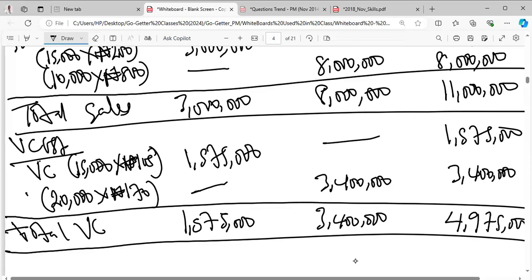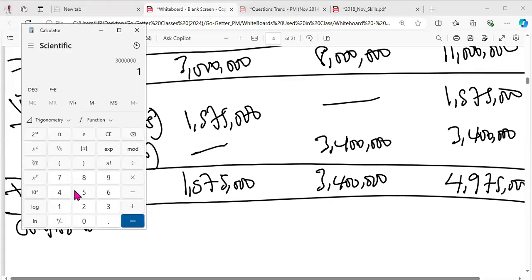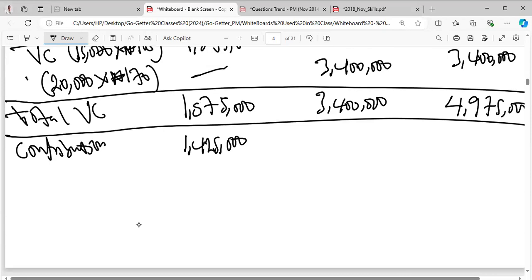Then that should be 4,975. Right? So let's get our contribution. Contribution will be 3 million minus 1,575,000. That will give me 1,425. Let me quickly do the fixed cost here.